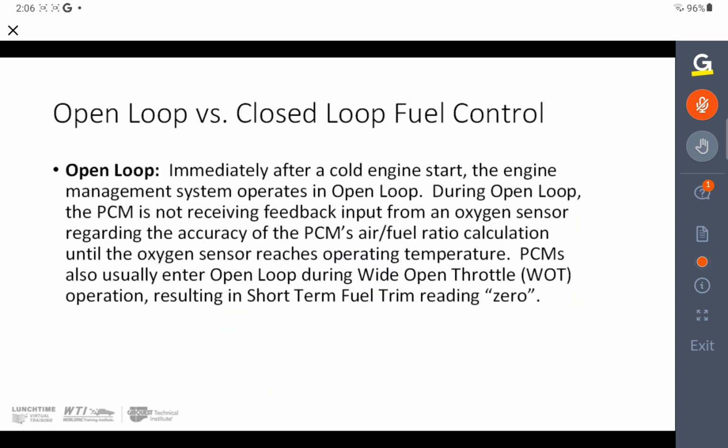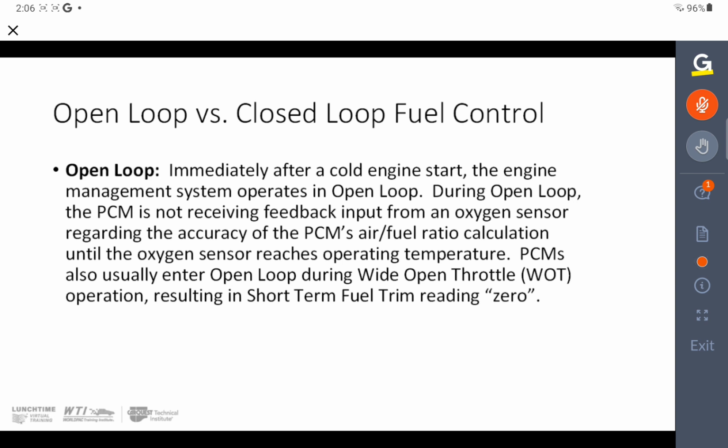The two different types of loop statuses that we can have are open loop versus closed loop. Open loop is what happens right after you start the engine. When the engine's in open loop, it's not using the oxygen sensor or air fuel ratio sensor to correct the air fuel mixture. It's strictly using engine load and RPM to determine what fuel trim cell it needs to be in.